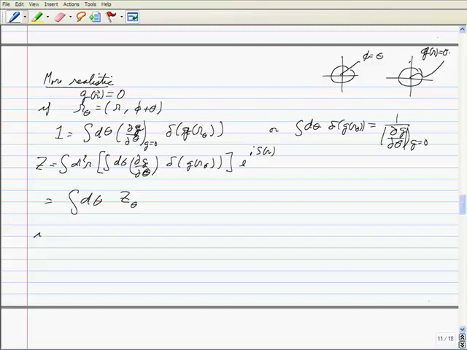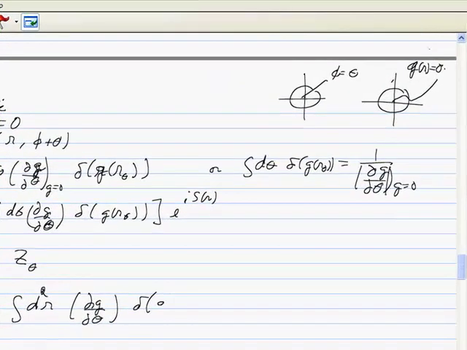But now Z of theta is the integral d2r dg d theta delta g of r of theta e to the i S of r.